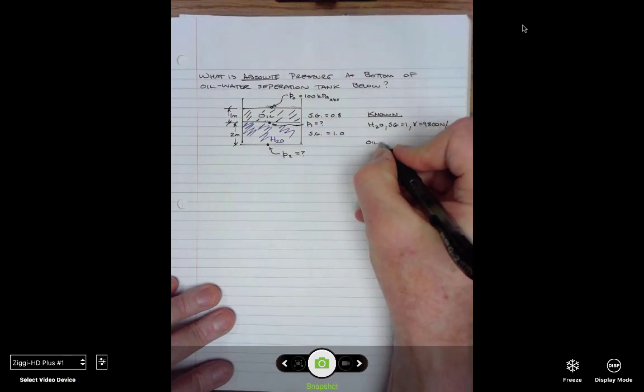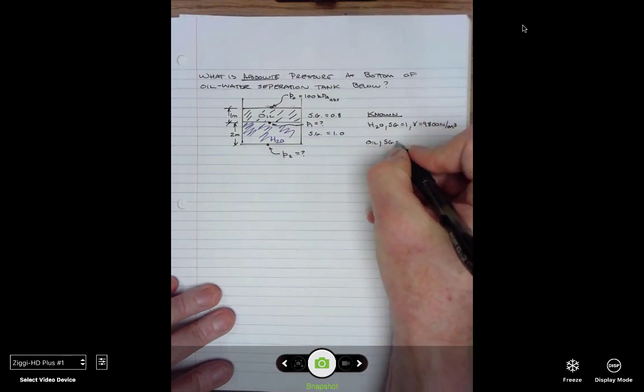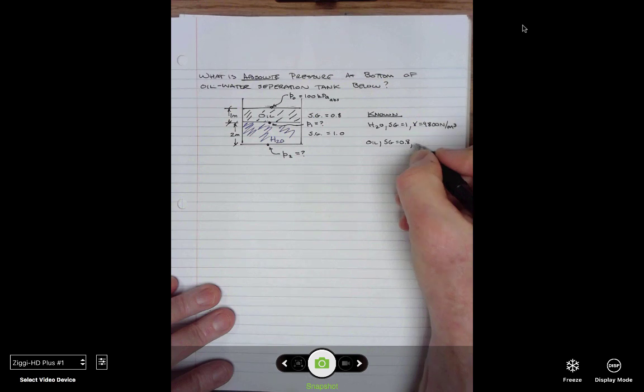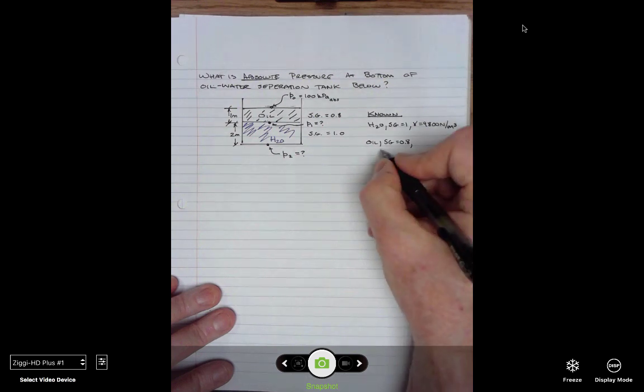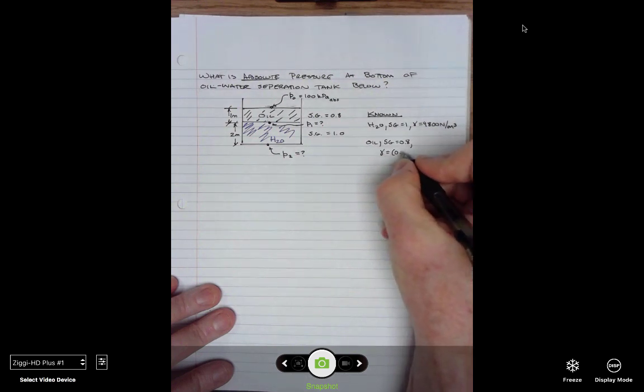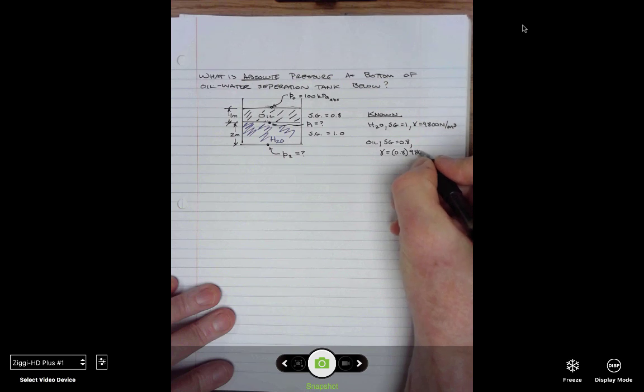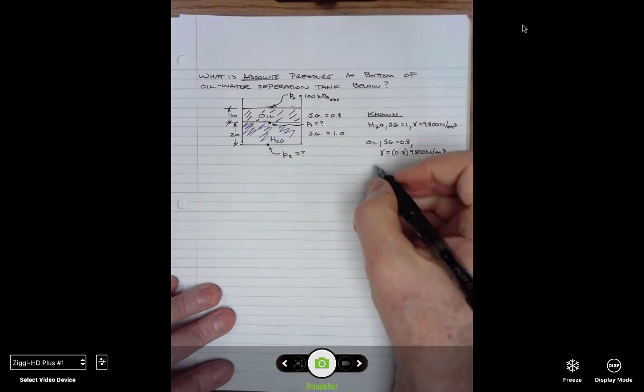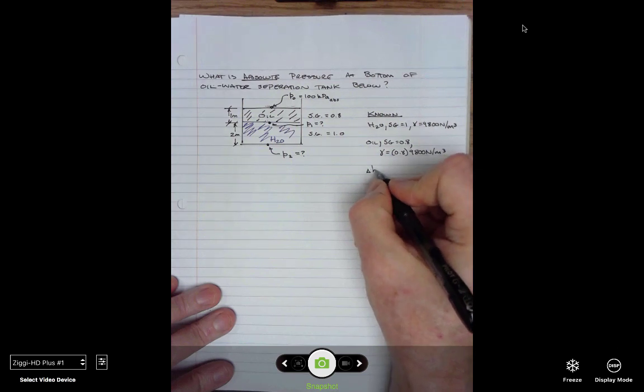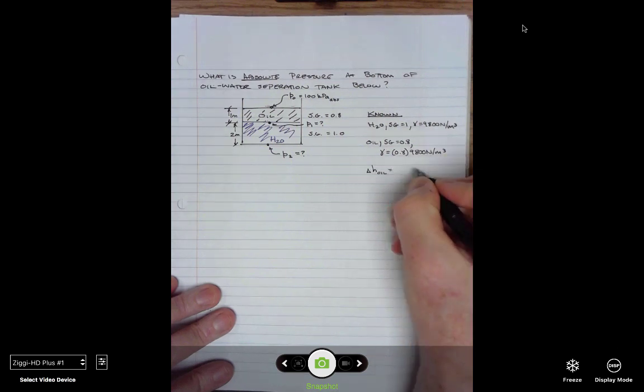Oil, specific gravity is 0.8. Gamma we'll have to compute, but it's equal to 0.8 times 9,800 newtons per meter cubed. The depth of the oil is 1 meter.